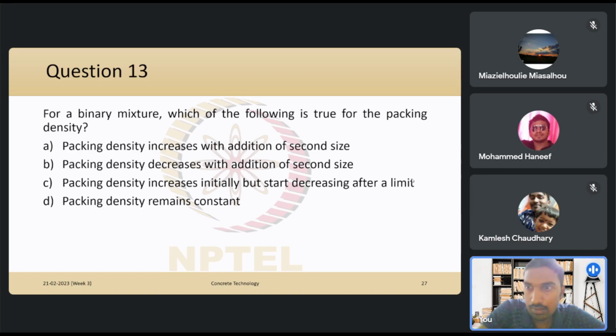Okay, there is one vote for option A. Okay, one vote for option B as well.